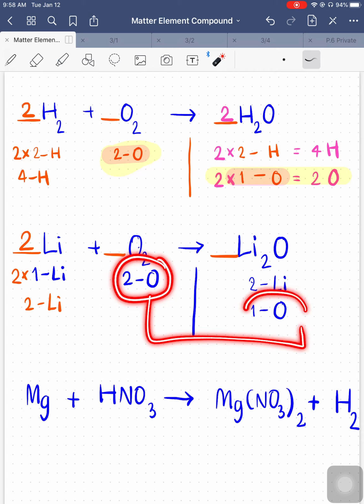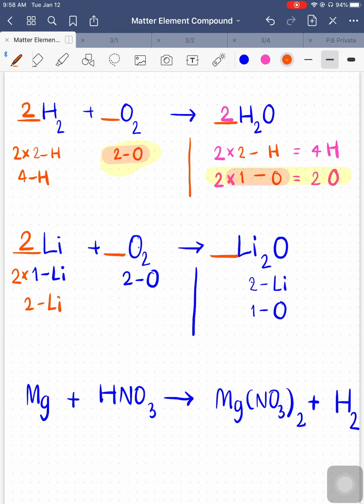Oxygen is not balanced. You have to put 2 on this one. If you put 2 on this one, oxygen will be times 2. So it's going to be 2 oxygen right here and 2 oxygen right here. Okay, that's balanced.